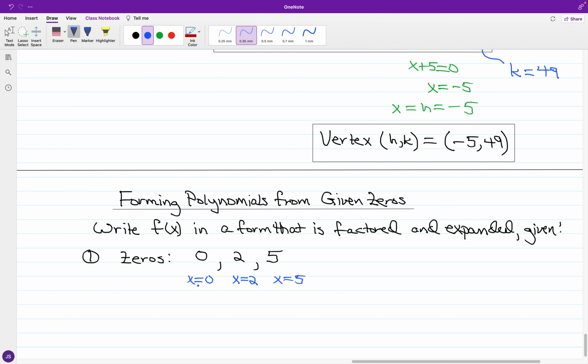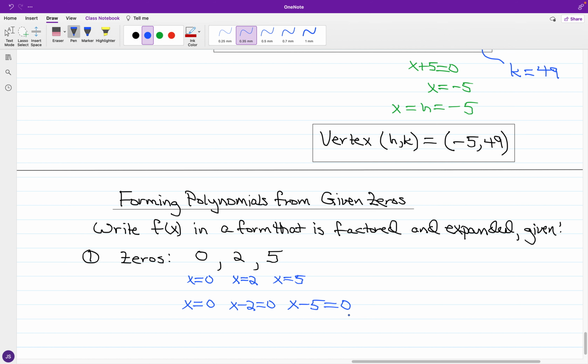So again, we have x equal to 0, and that just originates from the variable x. And x is equal to 2: think of this like arriving from having set equal to 0 the binomial x minus 2. And for x equal to 5, that can come from setting equal to 0 the binomial x minus 5. So if x minus 2 is 0, we have x is equal to 2.